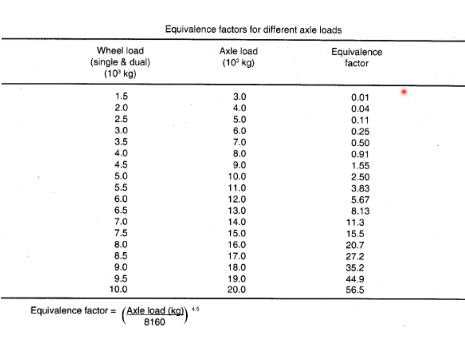And you know, the equivalence factor is basically used to determine the equivalent single axle load. Or in other words, we are going to convert all the axles into standard axles by using the equivalence factor.